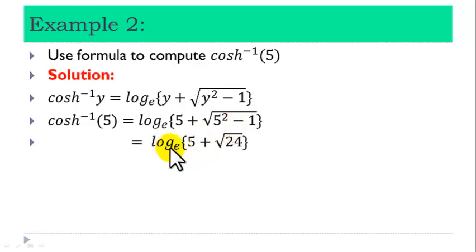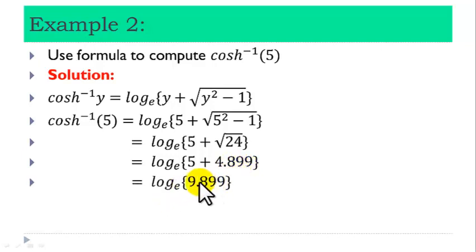And this is equal to the natural log of 5 plus the square root of 24. This is equal to the natural log of 5 plus 4.899, which is equal to the natural log of 9.899. Using either table or calculator, this will give us 2.2924.